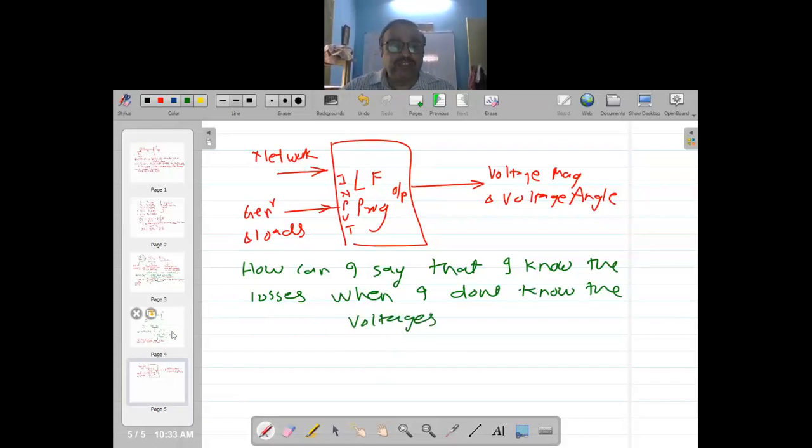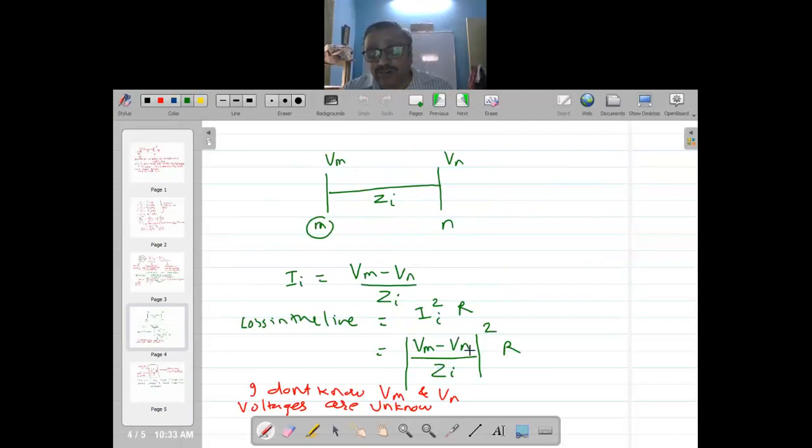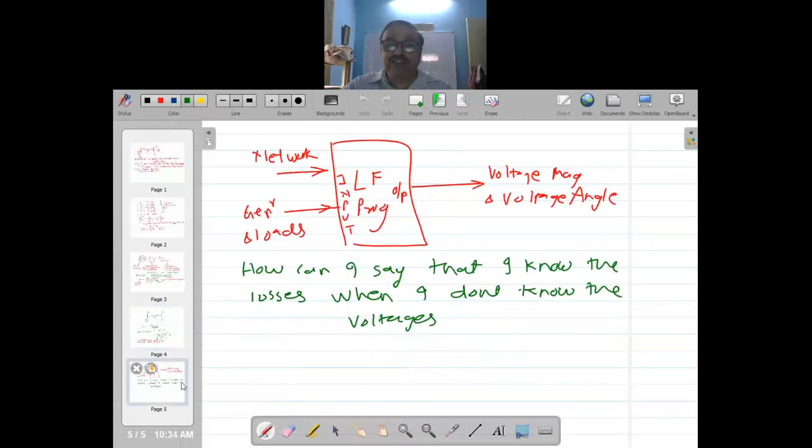Because as we have seen, the loss is a function of voltage. Till I don't know Vm and Vn, how can I claim that I know the losses? So here lies the fallacy, the contradiction: you cannot claim that you know the losses because you don't know the voltages. Unless the voltages are known, you can't know the losses.